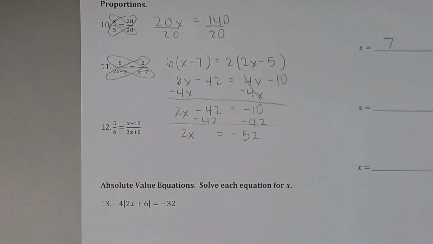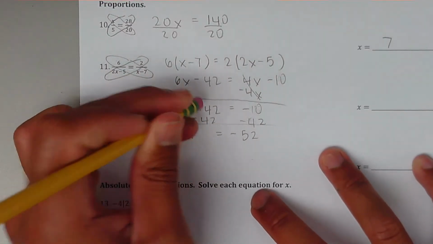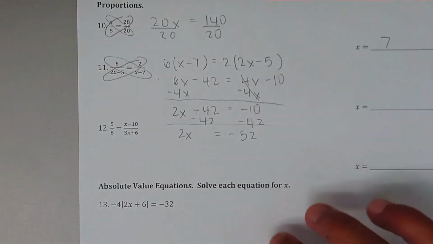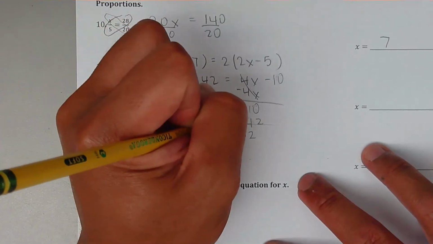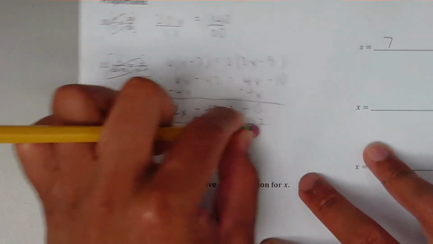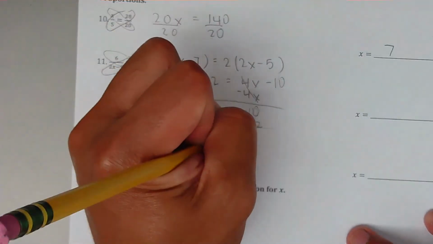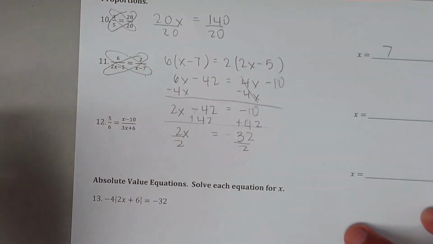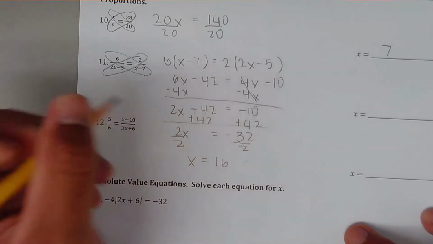Yeah, I am tired right now. Okay, I was supposed to bring down a negative 42. There we go. That helps us. So opposite of minusing 42 is adding 42 to both sides. We get 2x is equal to 32, positive 32. There we go. That looks much better. Dividing both sides by 2, we get x is equal to 16.